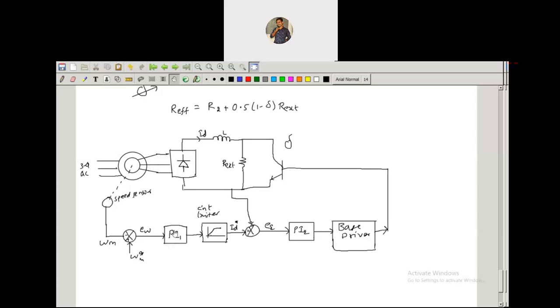From that we get the current reference through the current limiter, and this ID star is compared with the ID current. If there is any difference between ID star and ID, it is given to the current controller, and its output is given to the base drive, which drives the power semiconductor switch.